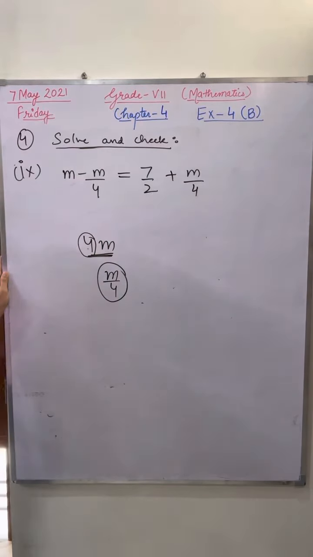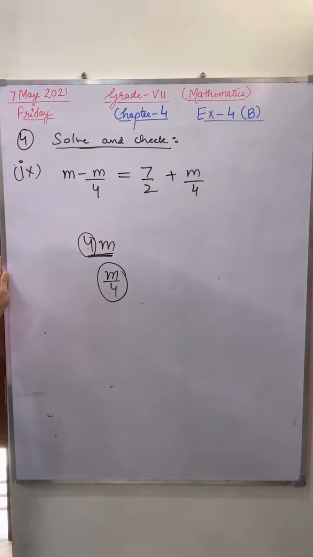Transposing m by 4 to the left hand side, I have m minus m by 4. When this m by 4 comes to that side, it becomes minus m by 4 is equal to 7 by 2. Any doubt up to here?